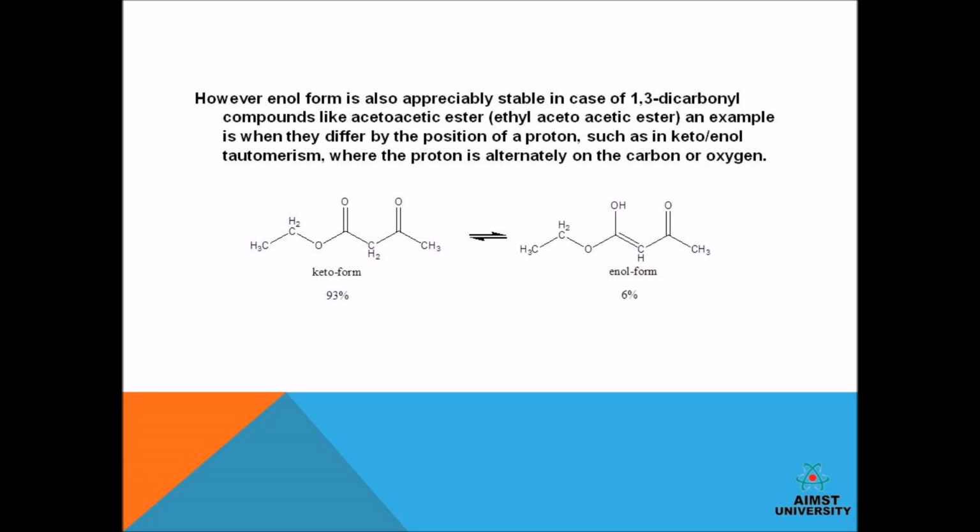It is an example where they differ by the position of a proton, such as keto-enol tautomerism, where the proton is alternatively on the carbon or oxygen. The left side is the keto form and the right hand side is the enol form. Ethyl acetoacetate is an equilibrium mixture of two forms, 93% keto form and 6% enol form.